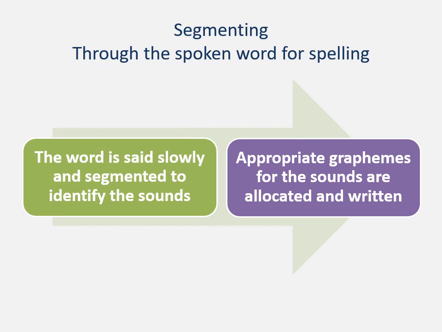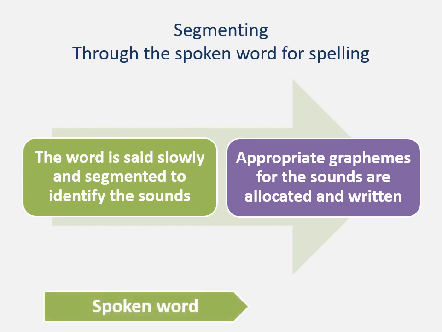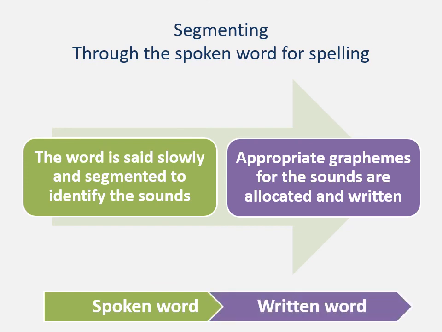So we write sh, and then we want a letter for the I sound, which is going to be I, and a letter for P, which is P. So we're looking for the graphemes, the appropriate code for the sounds that we are making. So here, when we are spelling, we are starting with the spoken word, and we are moving to the written word.